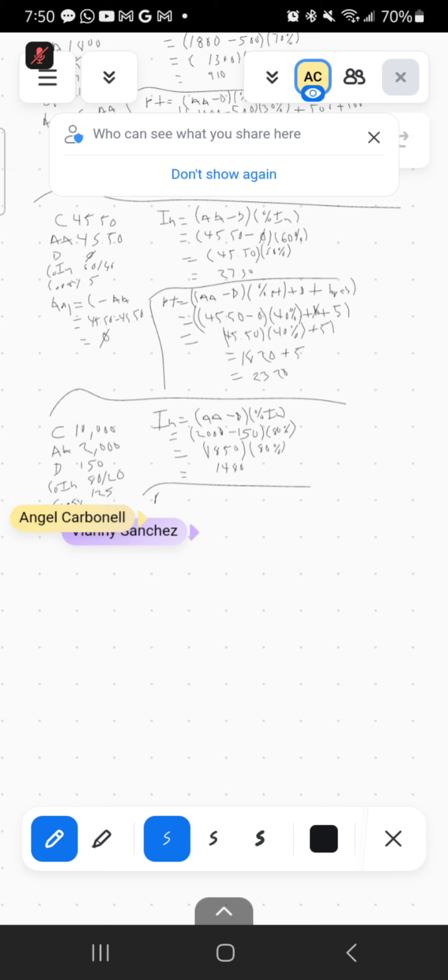Now let's see what the patient has to pay. Well, the patient is going to pay the allowed amount minus deductible times the percentage for the patient. All of that plus deductible plus copay.